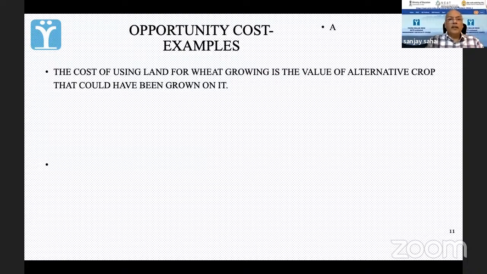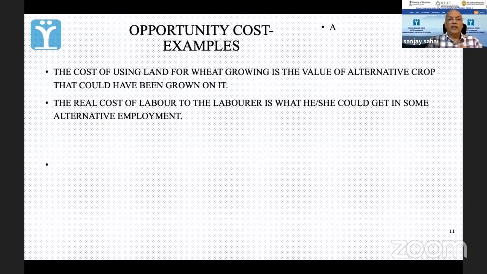Let's look at another simple example here. The cost of using land for wheat growing is the value of the alternative crop that could have been grown. Maybe you could have grown something like millet on it or rice on it. So if you choose wheat, you lose out on the other. From a laborer's point of view, the real cost of labor to the laborer is what she could get in some alternative employment.